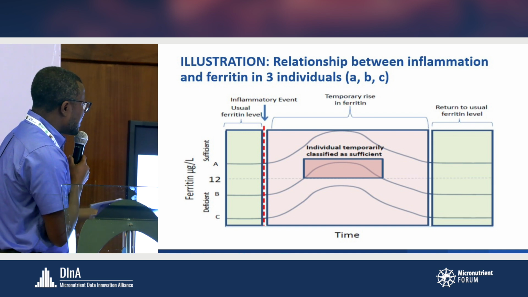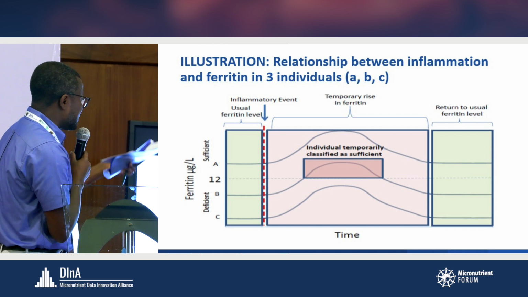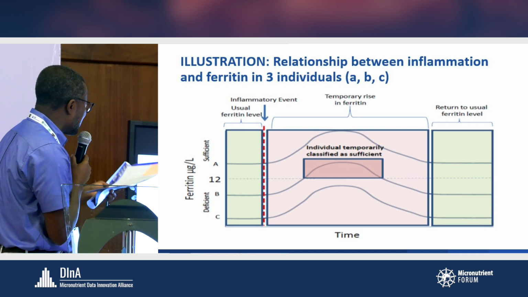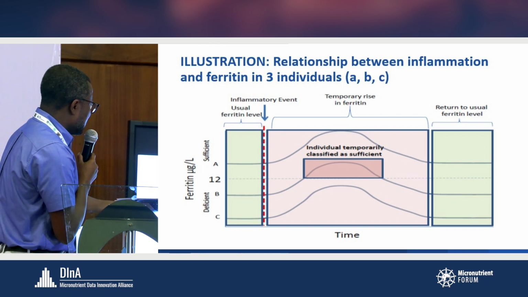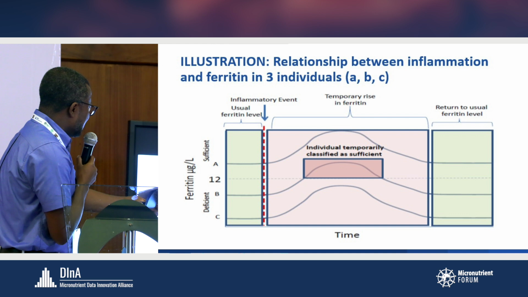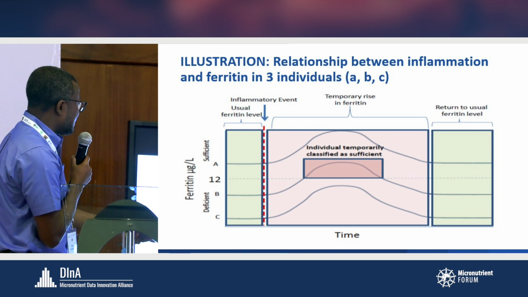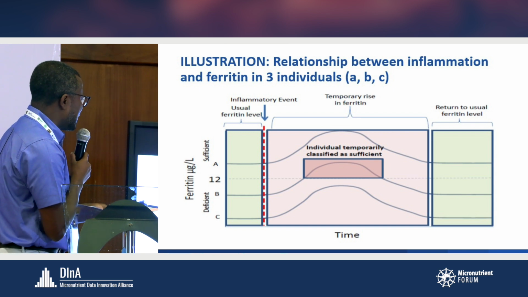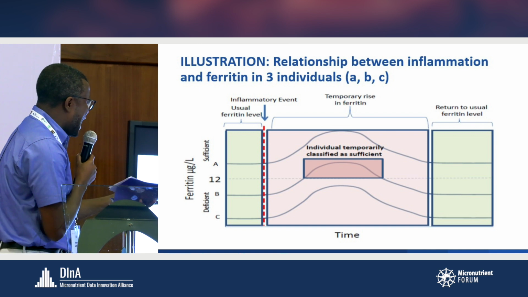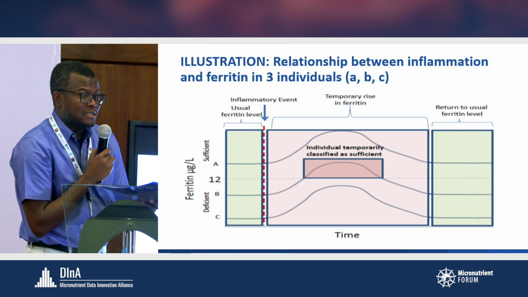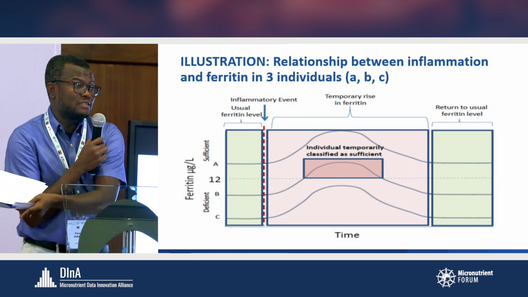Although their ferritin level rises, it doesn't put them at risk or make any difference. But for individual B, the level is already below the threshold, but during infection they temporarily get an increase in ferritin levels, and this child will be considered not iron deficient. But that is a very transient response to the infection.